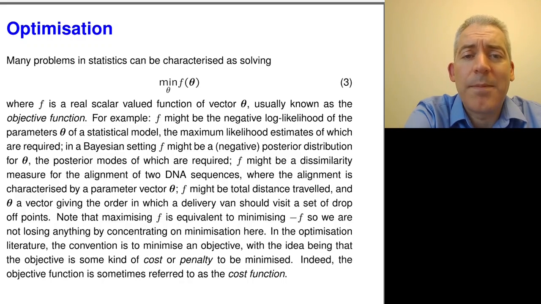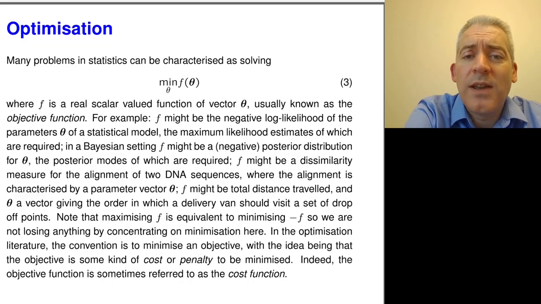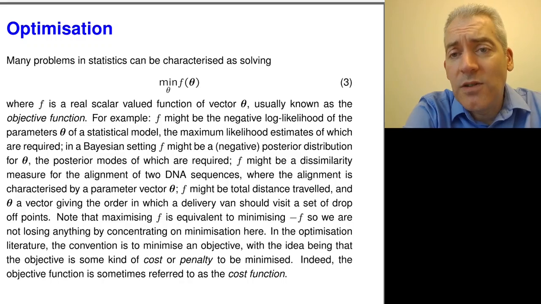So some examples we've hinted at there. In the simplest case, we've already seen, you might want to minimize a cost of some sort, like a least squares penalty. So you might want to find a least squares estimate. More generally, you might want to formulate the problem in likelihood terms.